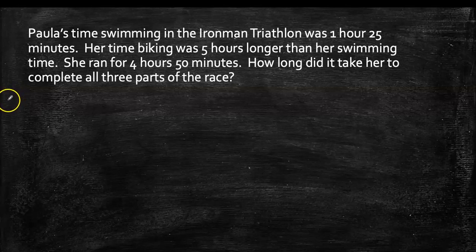Paula's time swimming was, so S for swimming, I'm not going to make my tape diagrams as large as I did, so I have more room to write. 1 hour, 25 minutes. Her time biking, so B for biking, was 5 hours longer. So I am going to make this a little bit longer here.